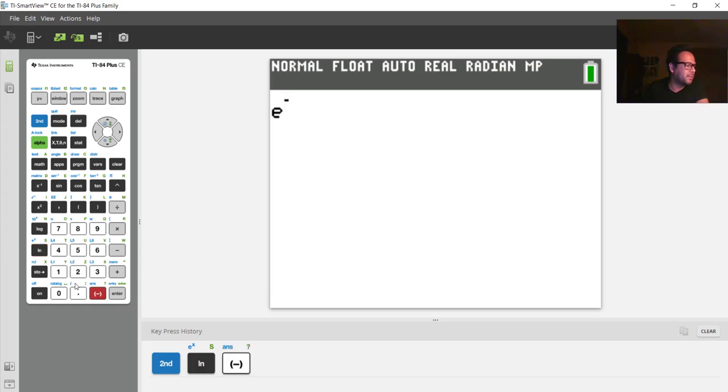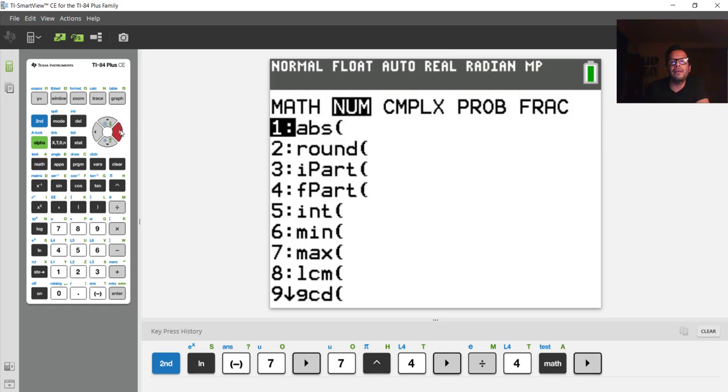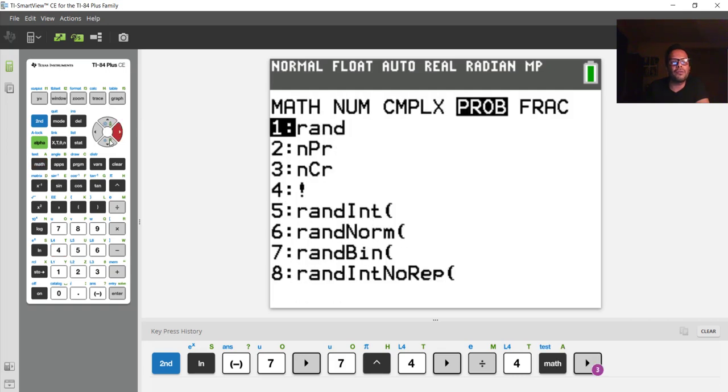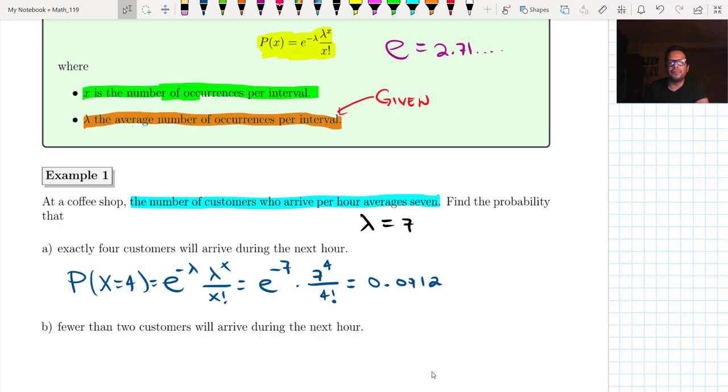Be careful with the negative sign you use, so you don't get issues with subtraction, times 7 raised to the 4th power, and divide by 4, and we do the factorial symbol by going to math, reaching the probability menu, and scrolling down to the number 4. Click enter to get the factorial, and there it is. That's our answer, 0.0912.